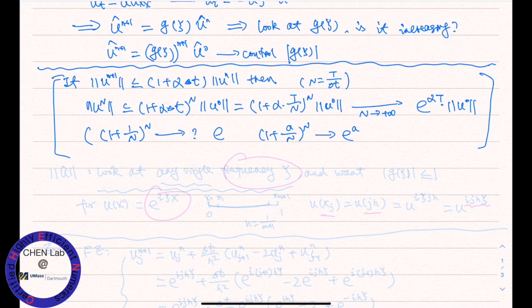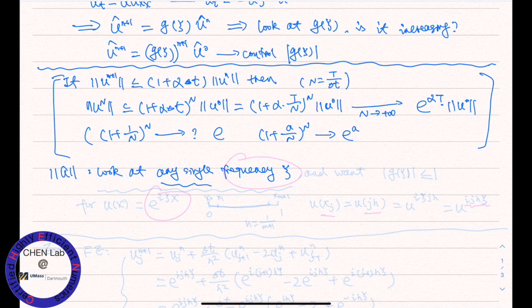All right. So remember, we need to look at the norm. All right, the norm. So this is the integration over the frequency c, which means we need to look at any single frequency. So all the possible frequencies c.